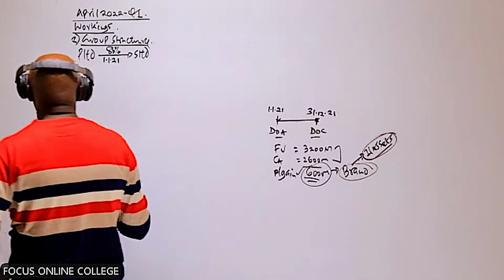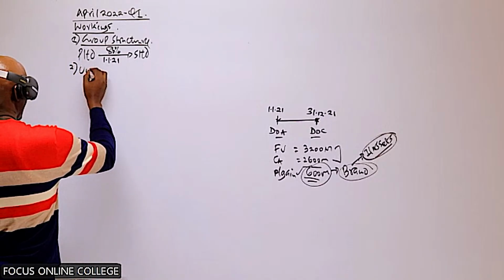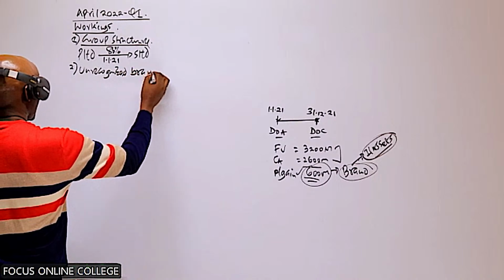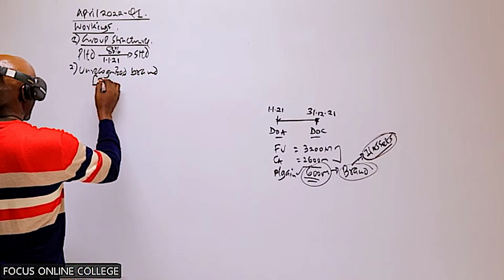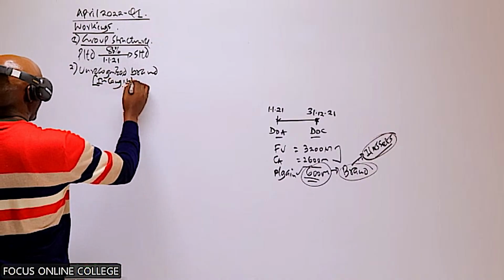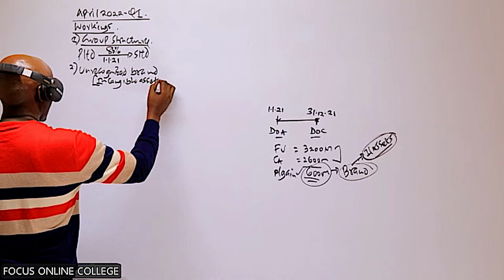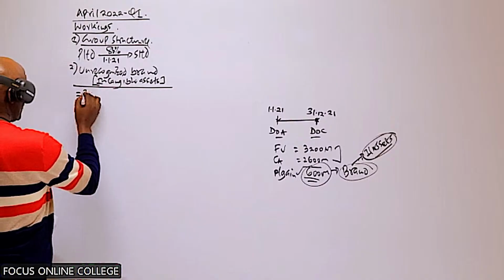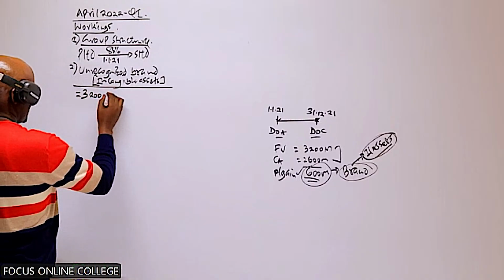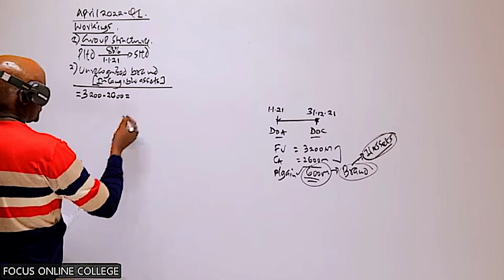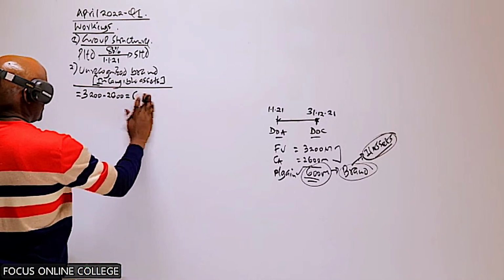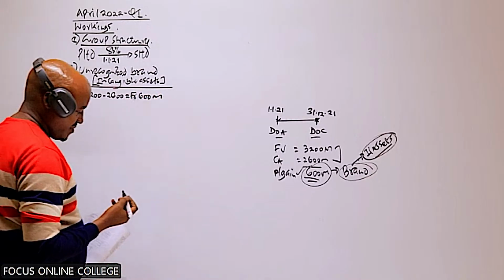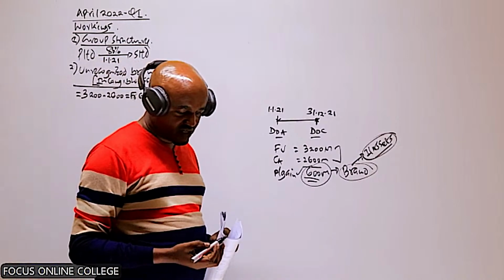So what is the value for the brand? The unrecognized brand is a form of an intangible asset. The value for this brand will be the difference here, 3,200 million franc minus 2,600, which will be 600 million franc. Remember, this particular asset was revalued on the date of acquisition.